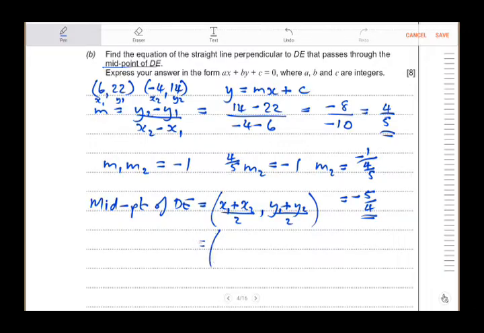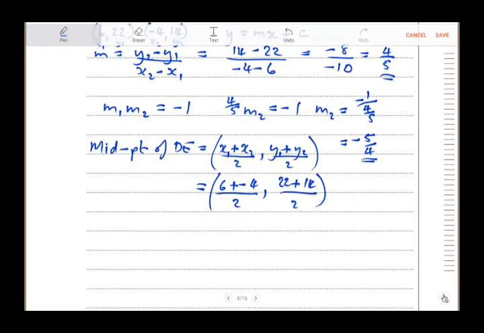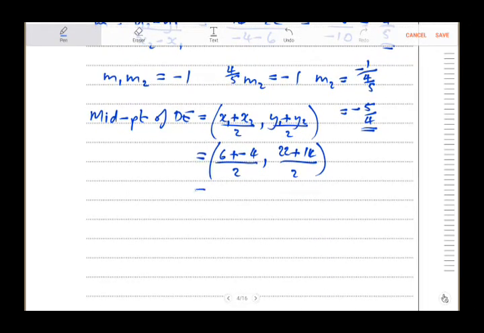So let's work that out. We have 6 plus -4 divided by 2, and 22 plus 14 divided by 2. That gives us 2 divided by 2 is 1, and 36 divided by 2 is 18.